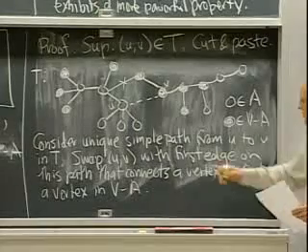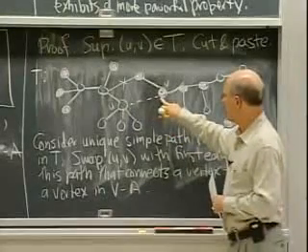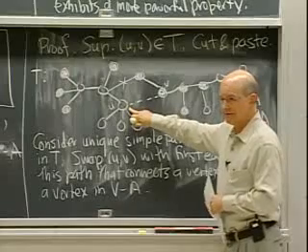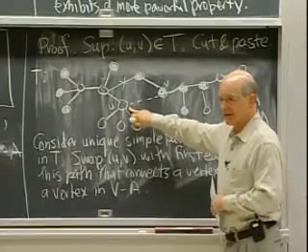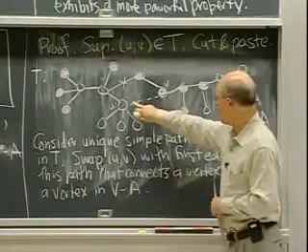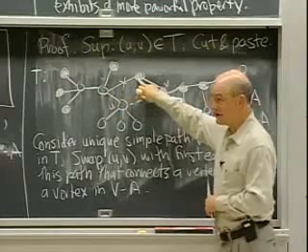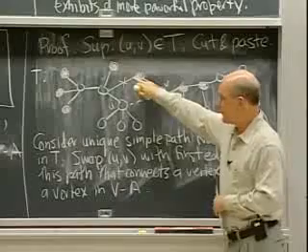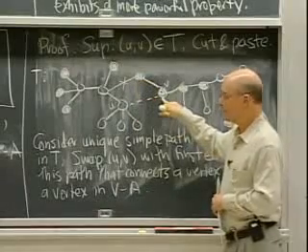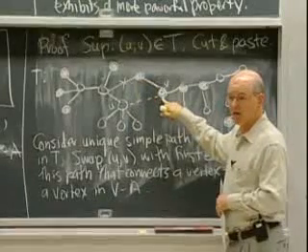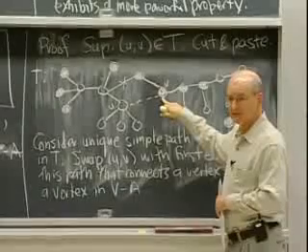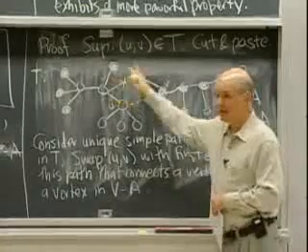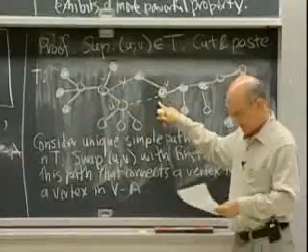So then what happens? Well, the edge UV is the lightest thing connecting something in A to something in V minus A. So that means in particular it's lighter than this edge. Has lower weight. So by swapping this, I've created a tree with lower overall weight, contradicting the assumption that this other thing was a minimum spanning tree.